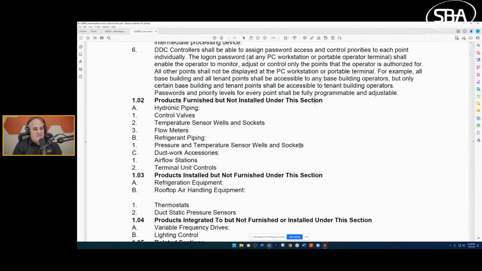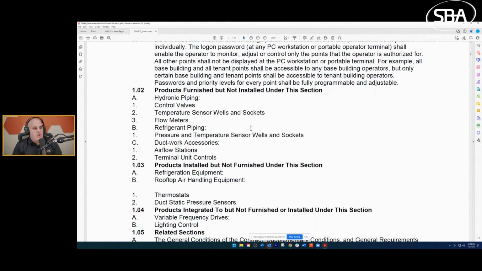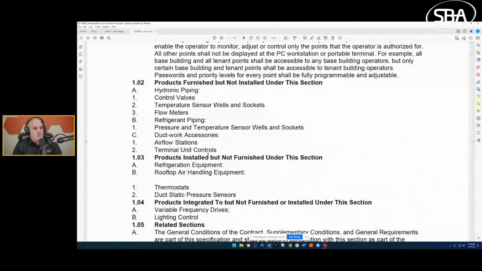But because they didn't look at the related section that said you've got this related cost, they end up getting bitten. So you can typically assume most of this is installed by the mechanical and the plumbing.